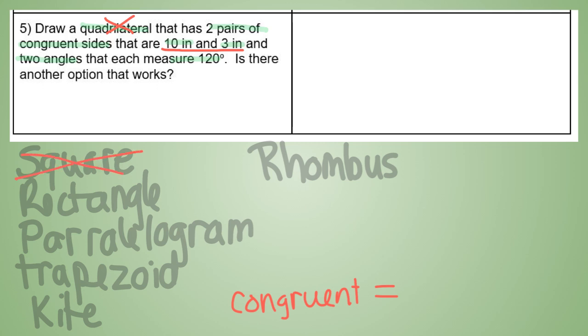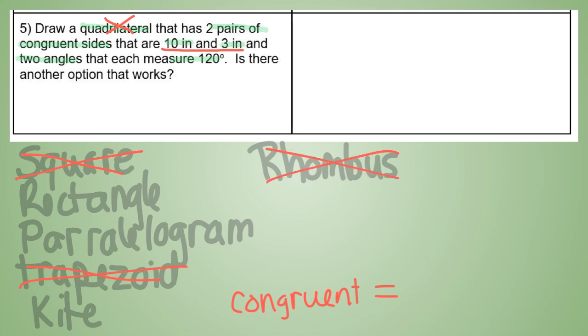So I feel like the square is not an option. A trapezoid, I don't think that's going to be an option for us because in a trapezoid, you have a short base and a long base. So let's stick with what we have here. Oh, one more. A rhombus, all the sides are the same, so that one's not going to work.